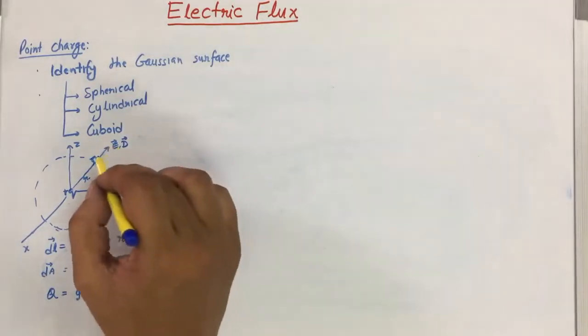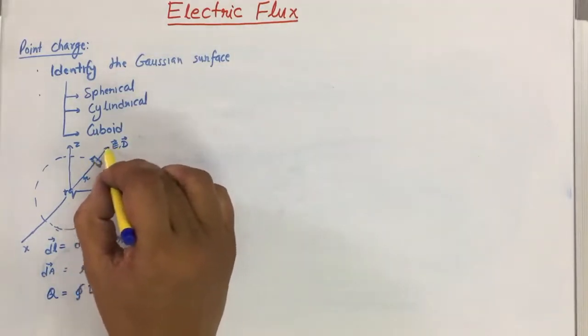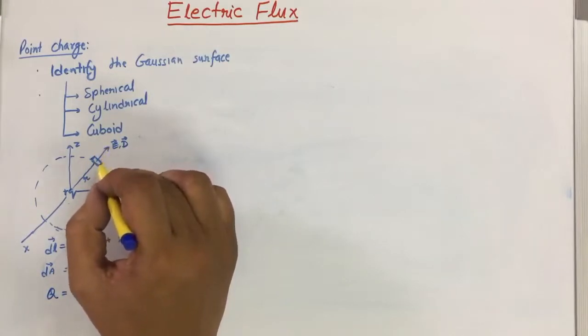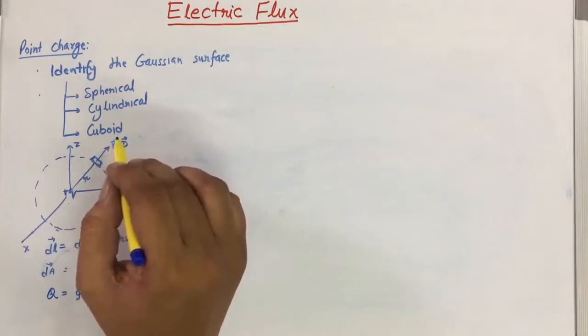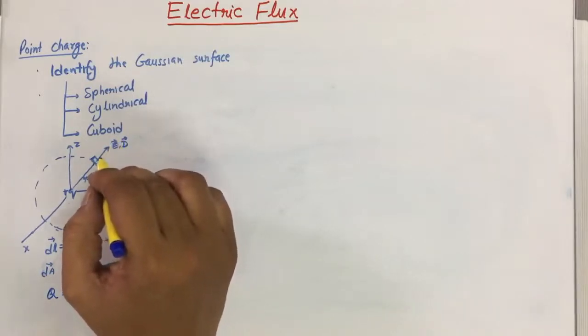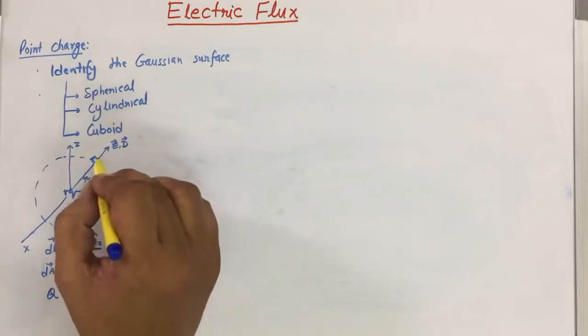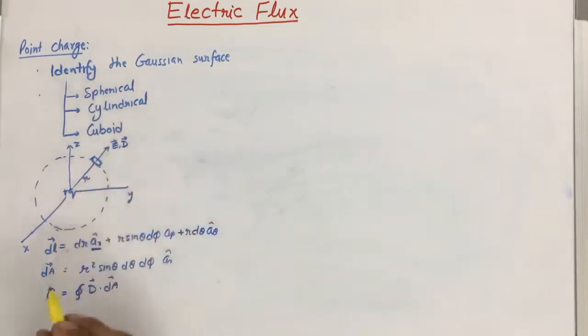In this direction, D is in this direction. We know that this should be in the direction of the normal to the surface, so in the direction of area. So D should be in the direction of a_r.